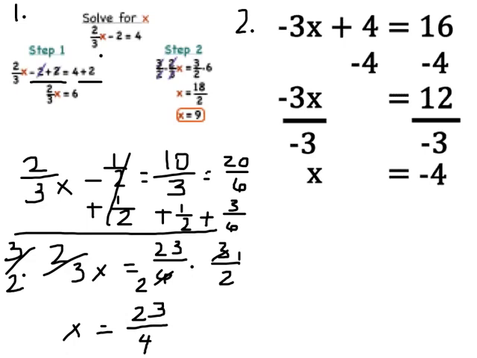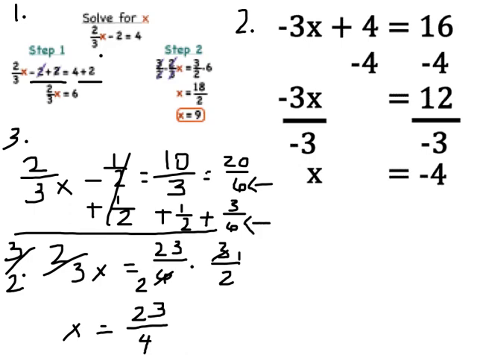And then finally, I have example 3 here. 2/3 x minus 1/2 equals 10/3. Now here I had to do almost another little step. I've got to add 1/2 to both sides, but I can't do that until I find my common denominator for 3 and 2, which is 6.